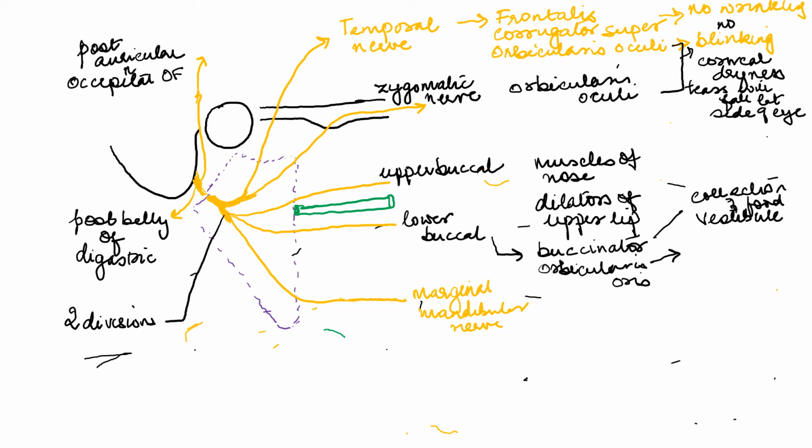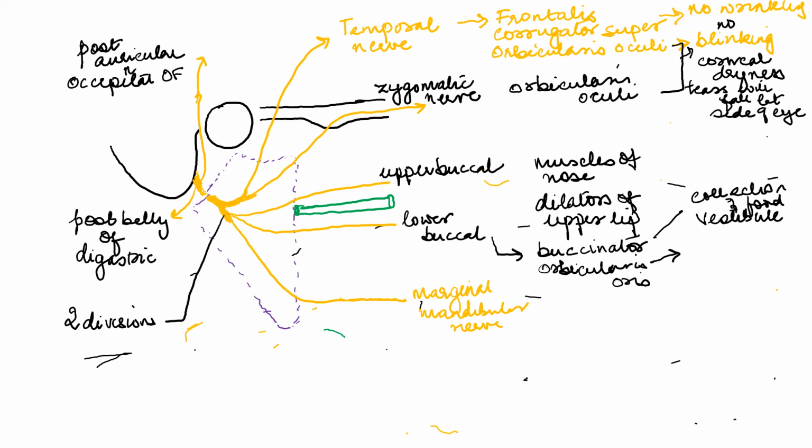This marginal mandibular nerve crosses 2 structures at the junction of the ramus of the mandible and the body of the mandible. So you know where the mandible is in your face. Now trace the mandible, starting from the chin. The part which is present horizontally is known as the body of the mandible, and the one which is going vertically upwards is the ramus.